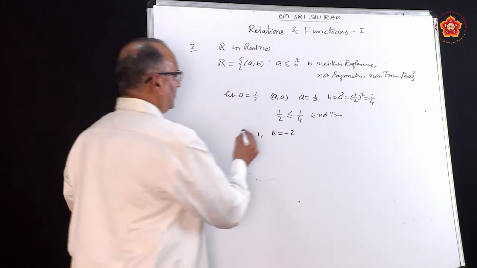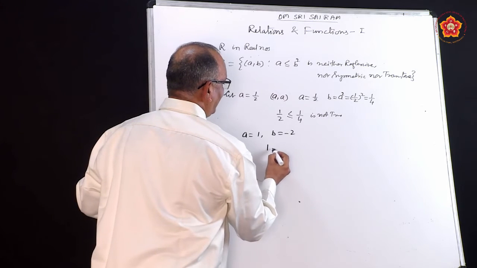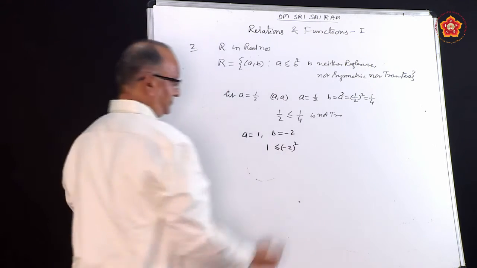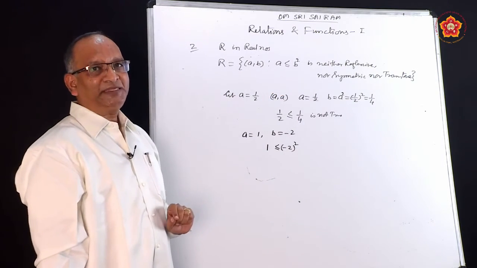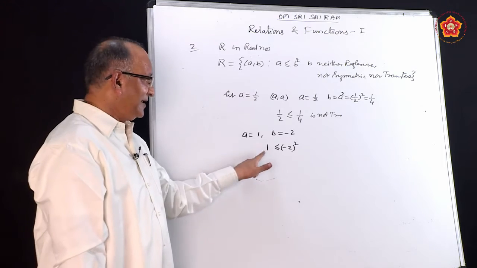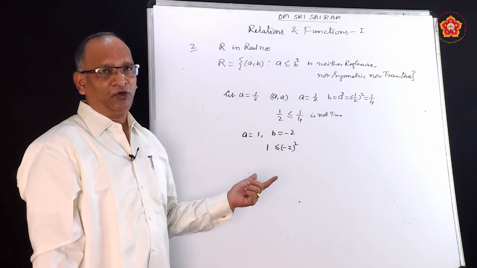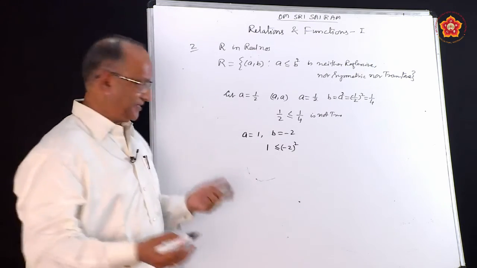According to the given relation, 1 is less than or equal to (minus 2) square. This is the relation, A is less than or equal to B square, which is true. Why? (Minus 2) square is 4, 1 is less than 4. It is true. Now check the opposite.